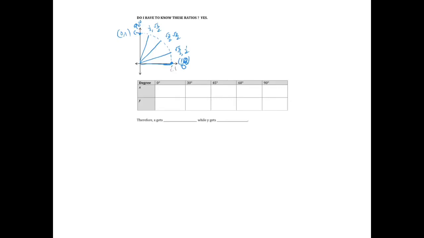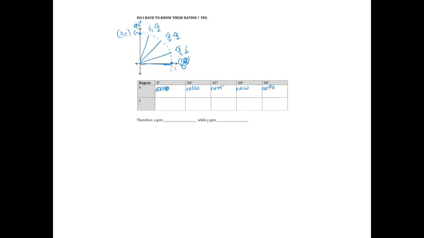And we just established that x is related to cos theta, in this case cos 0. This is going to be cos 30, cos 45, and cos 60. But now we've got an extra number, which is cos 90.